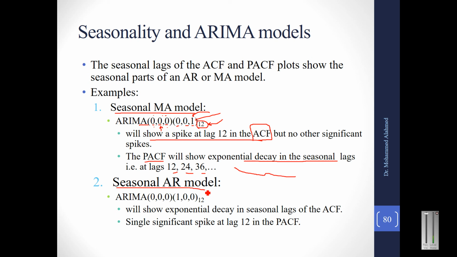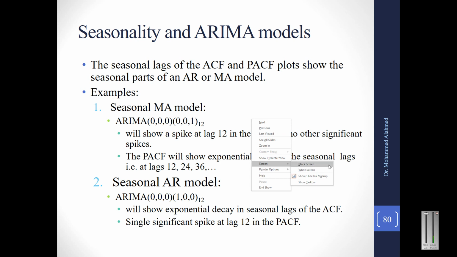And then the seasonal AR model. Again you see this is 1, 0, 0. Technically the ARIMA part is 0, but since it is seasonal, this entire thing, including the 12, represents the seasonal component.